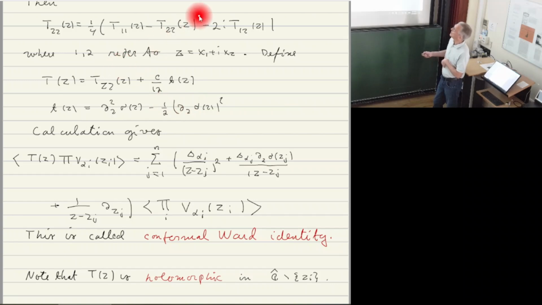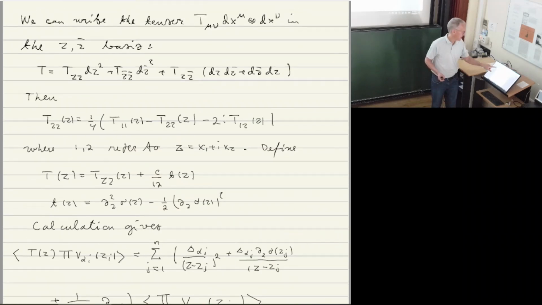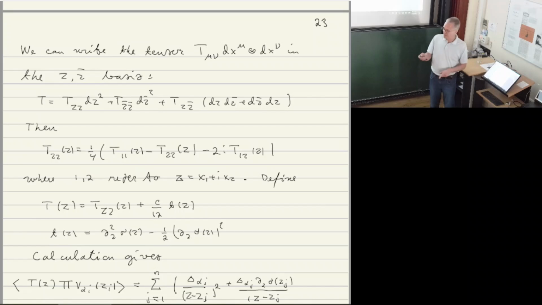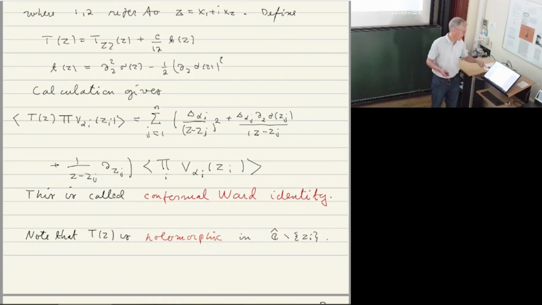If you take this T z bar, that will be basically a complex conjugate kind of thing, and that will be an anti-holomorphic function of z. So it's holomorphic in the complement of these points. It has poles there.